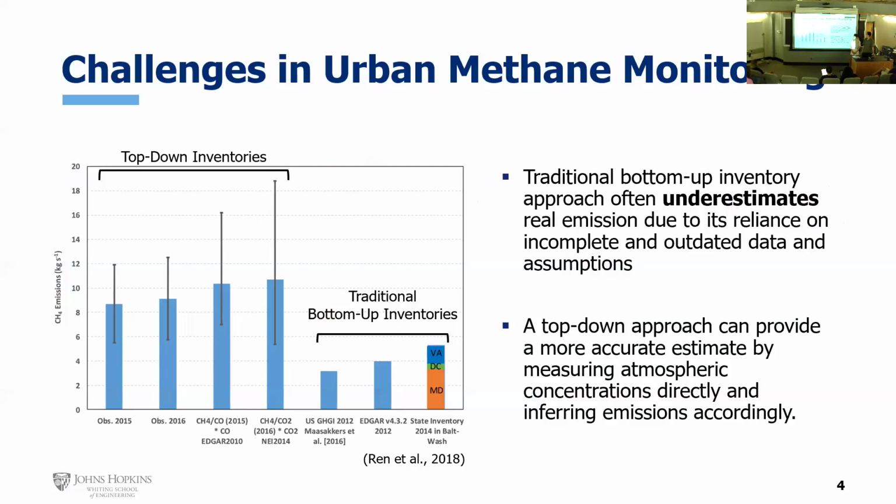Another problem is that traditional bottom-up inventory approaches tend to underestimate the real emissions due to their reliance on incomplete or outdated data and assumptions. On the left here, you can see a study done in 2018 that compares a top-down inventory with a traditional bottom-up inventory. A top-down approach can provide a more accurate estimate by directly measuring the atmospheric concentrations and thereby informing emissions accordingly.